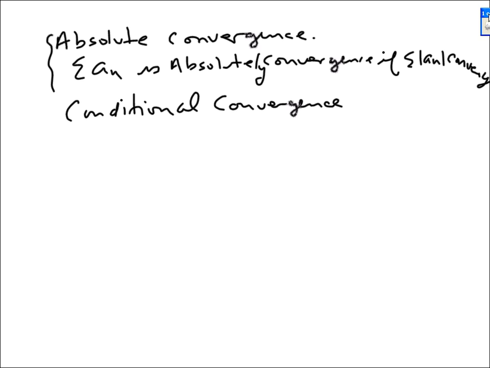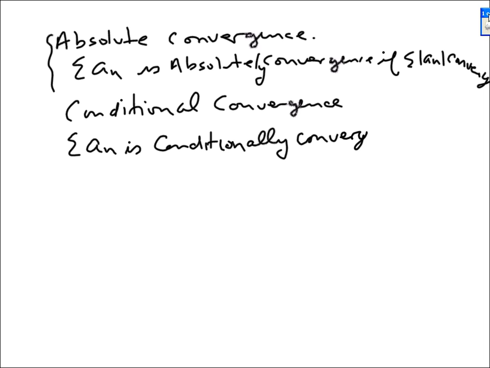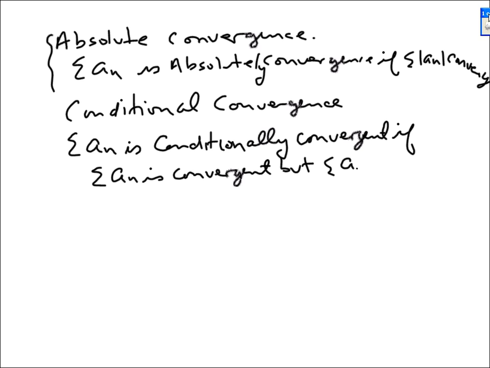The summation of a sub n is conditionally convergent if the summation of a sub n converges, but the summation of the absolute value of a sub n does not. That is, the summation of the absolute value of a sub n diverges.